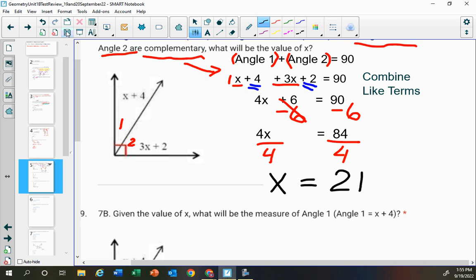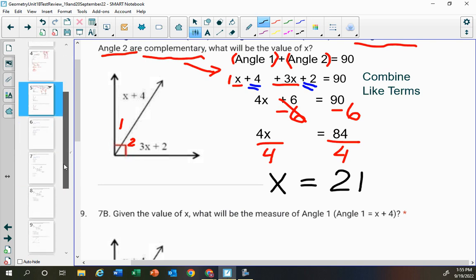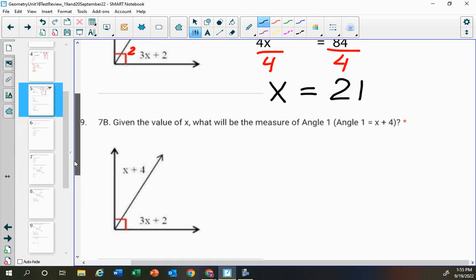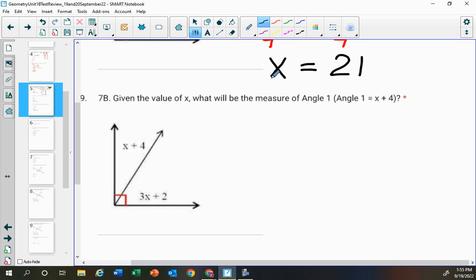All right, 7B. So you have x is 21, plug it in. So angle 1 is x plus 4. Here's 1, here's 2.